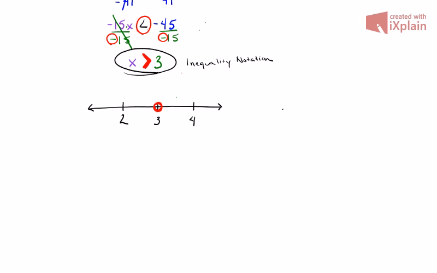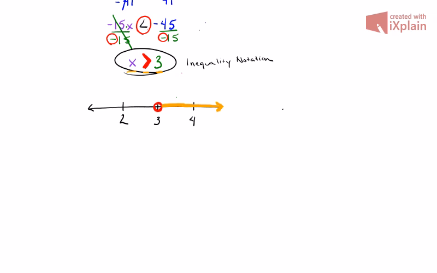And as was noted in class, if you write your inequality so that it is variable first, followed by inequality, followed by number, your inequality is literally telling you which direction to shade. So as you can see, I'm being pointed to the right. So my shading should be going to the right-hand side.